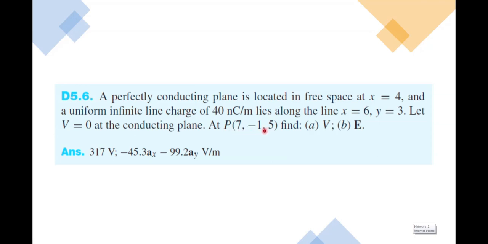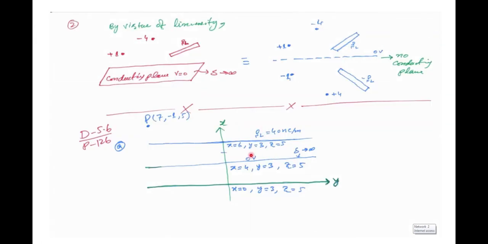So look at the figure. In this problem, we are given a line charge having line charge density 40 nanocoulomb per meter. The line charge is located at x equal to 6, y equal to 3 and z equal to 5.